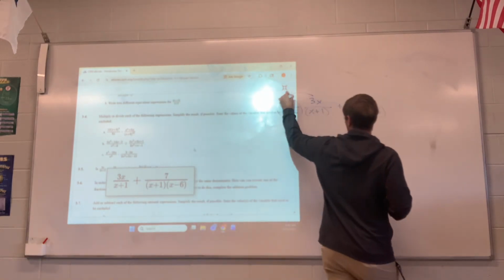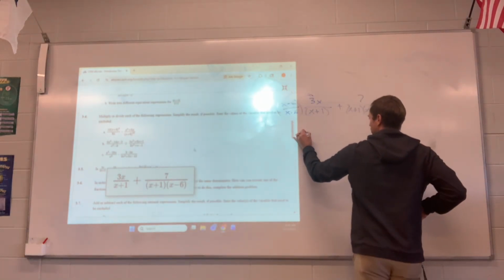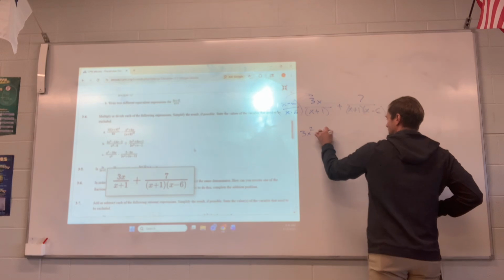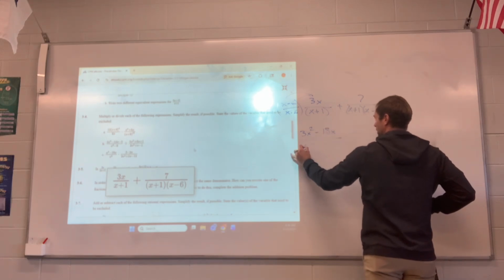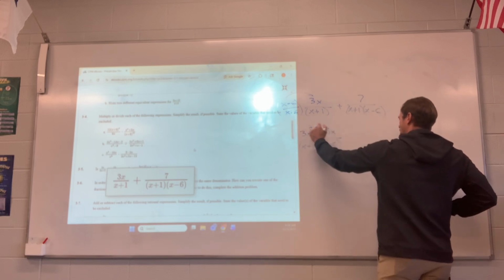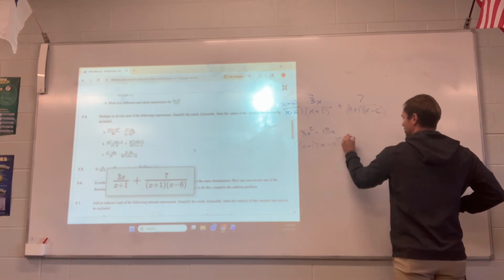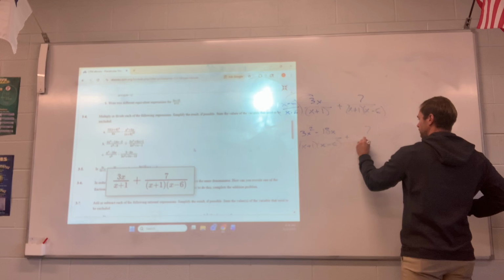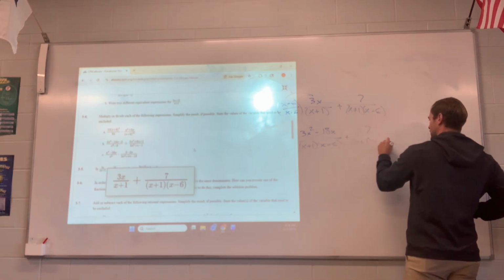What do we get here? Let's distribute the numerator: 3x^2 minus 18x over (x + 1)(x - 6). Don't distribute the bottom, just leave it. So the denominators will be the same. My marker's going bad here.